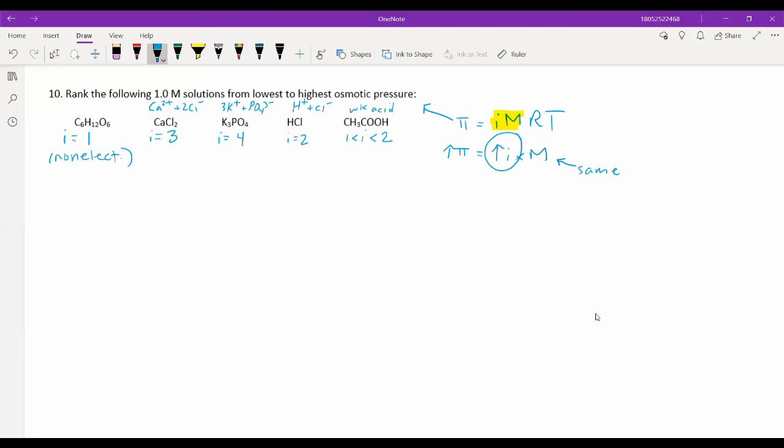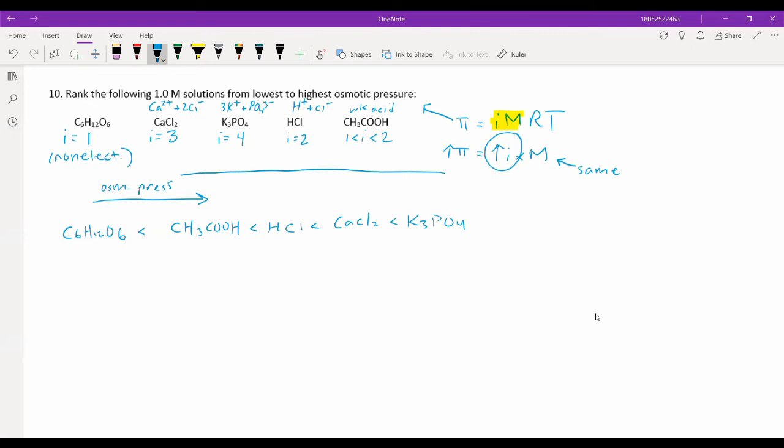So then we can just arrange them. This would be increasing osmotic pressure. We would have the sugar, C6H12O6, the lowest. Acetic acid solution, HCl, calcium chloride and potassium phosphate being the highest because the most solute particles in that solution.